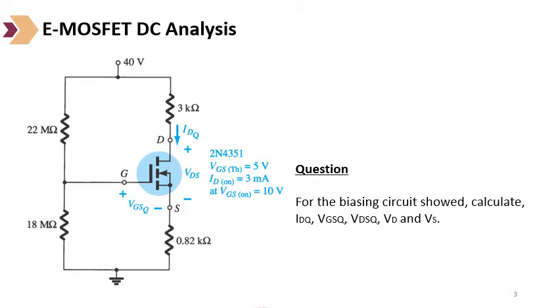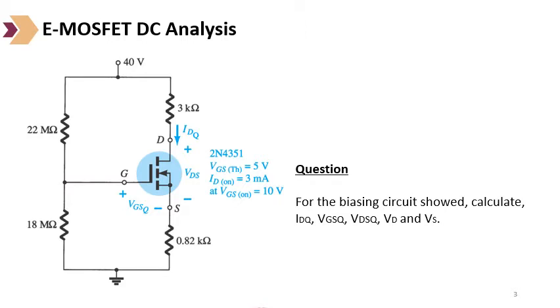Whether it is the BJT or the E-MOSFET, it is very important for you to simplify, to draw the DC equivalent circuit. If it is a BJT, you have to draw the BJT. But if the question is the E-MOSFET, you have to draw the E-MOSFET DC equivalent circuit of the voltage divider.